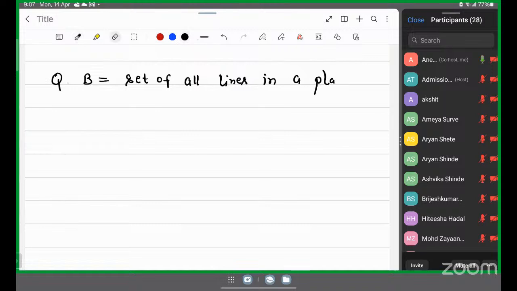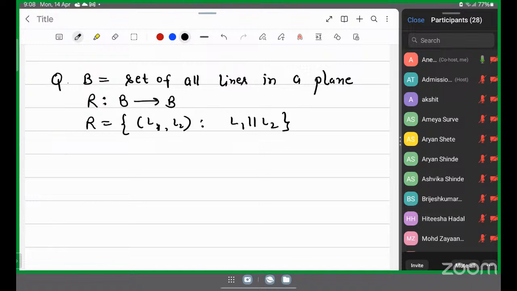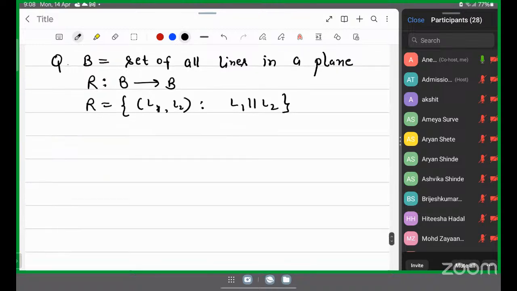And there is a relation R defined from set B to set B such that if we take two lines L1 and L2, they will be in relation R if and only if line L1 is parallel to line L2. Check whether the given relation is reflexive, symmetric, and transitive.